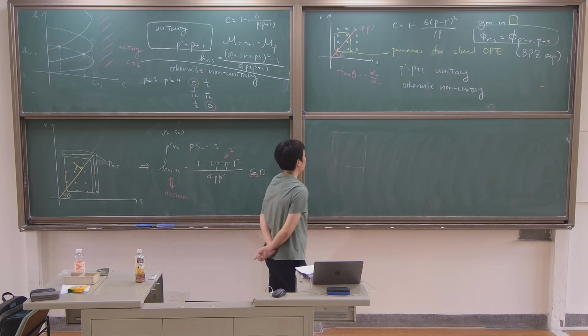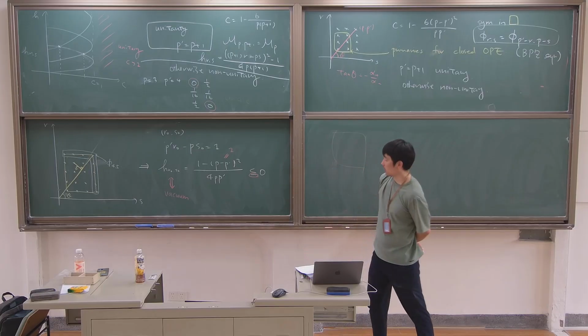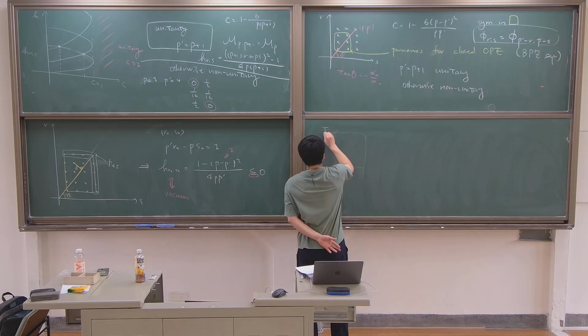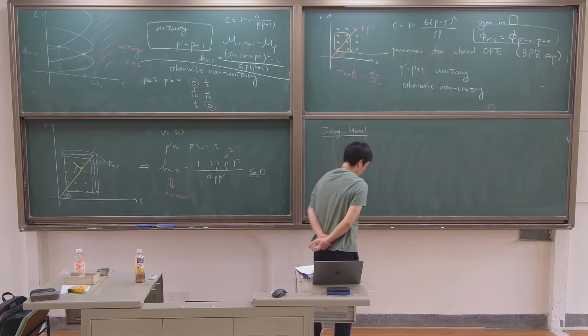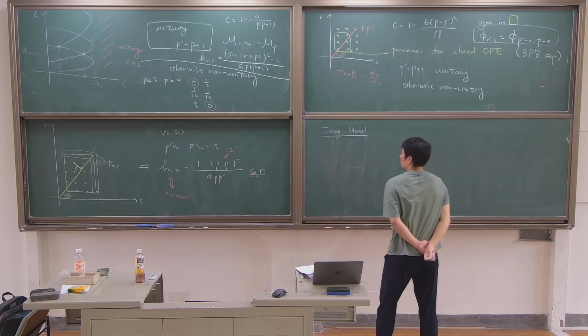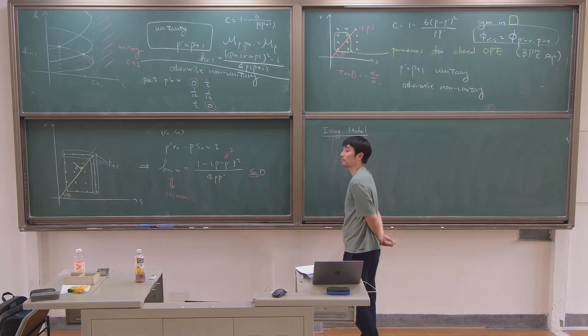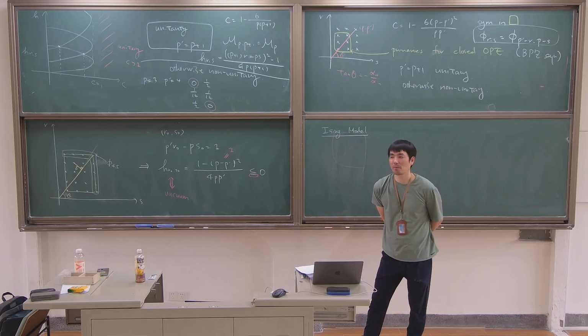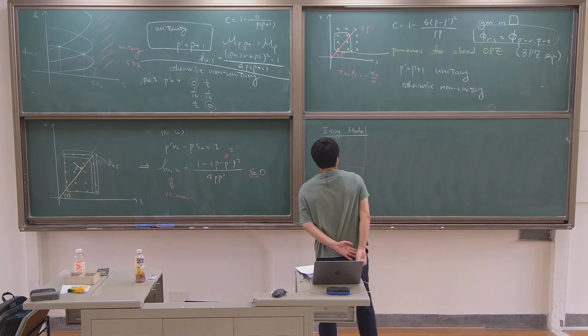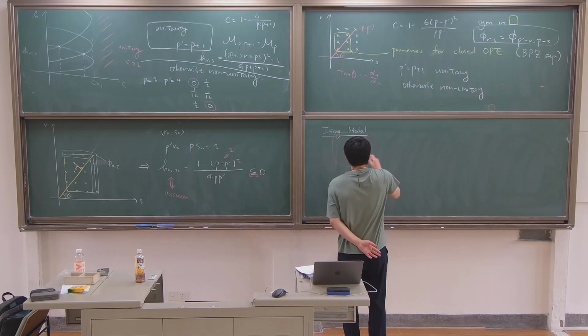So from now on, we focus on the Ising model, which is the simplest minimal model. But before going to the minimal model part, I just want to say one thing.